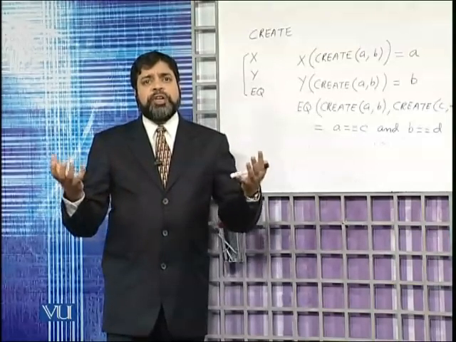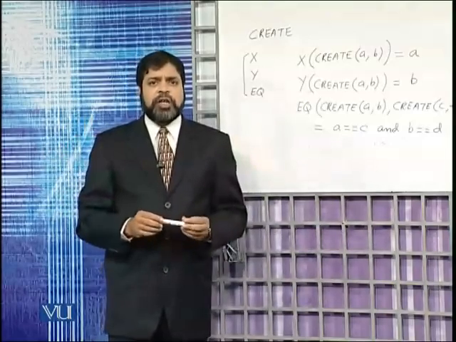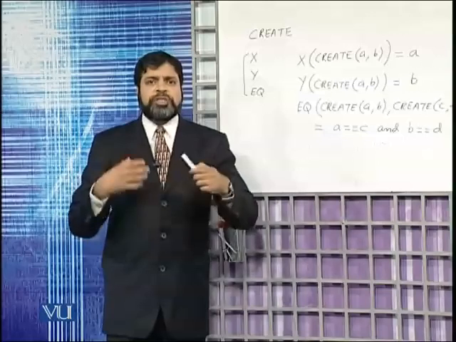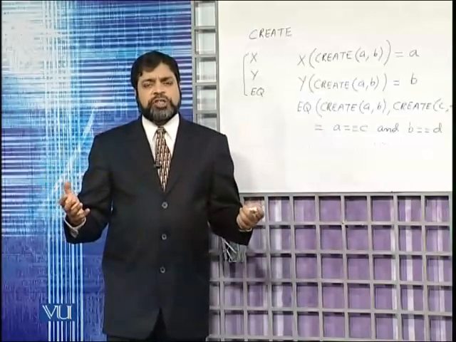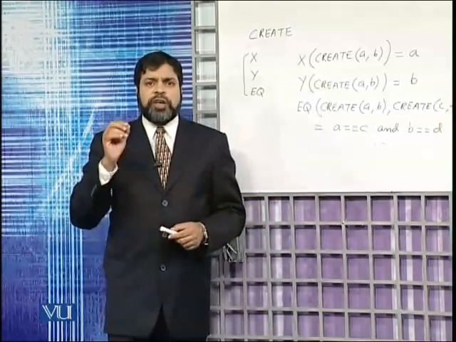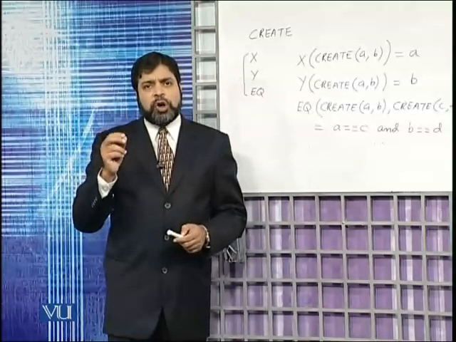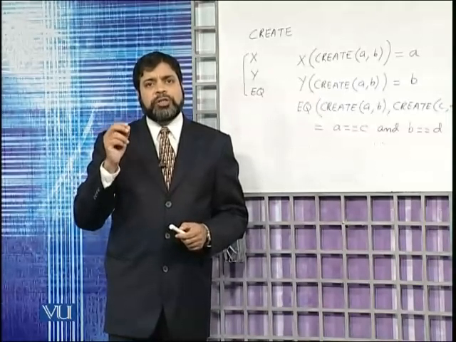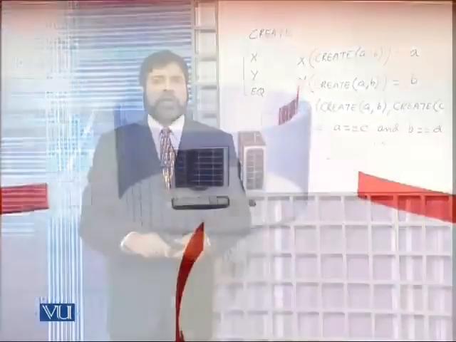So the idea really is we write down the specifications and then we use these specifications to build bigger and more complex specifications. So this is the first example. What we are going to do is we are going to write the specification for a sort called cursor using this quad. How do we do that? Let us go back and look at the slide.